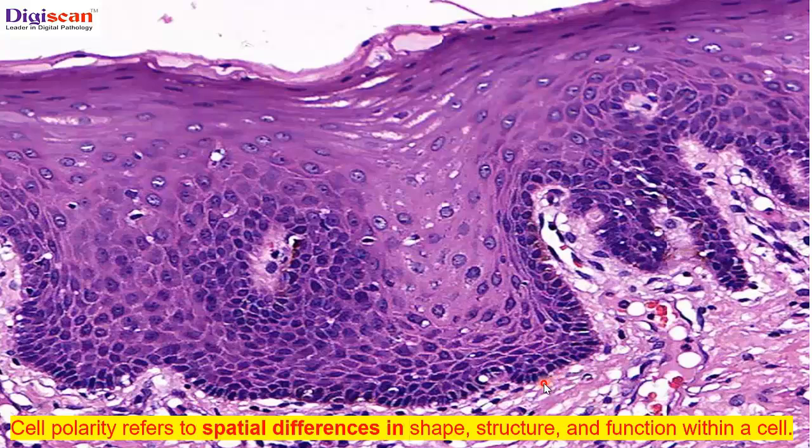These columnar cells align themselves as a palisade, and the nuclei are towards the basal side of the cell. This is called palisading of the cell with polarization towards the basal layer. These are the terminologies we will be coming across in many diseases or tumors.